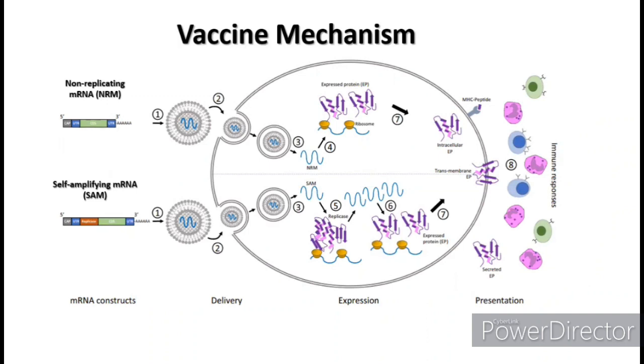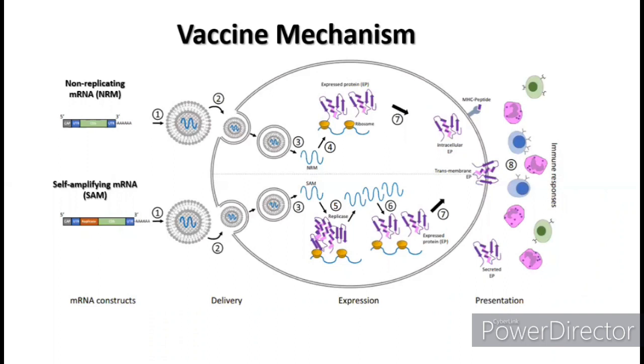At step 4, the conventional mRNA is translated by the ribosome, whereas the SAM is immediately translated by the ribosome to produce the replicase machinery necessary for self-amplification of the mRNA. We can see at step 6, the self-amplified mRNA is then translated by the ribosome to produce the protein of interest, which undergoes subsequent post-translational modification.